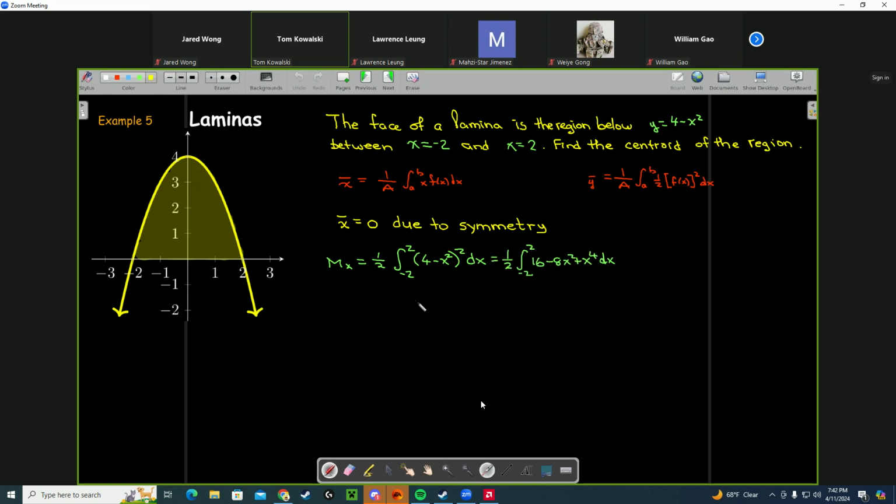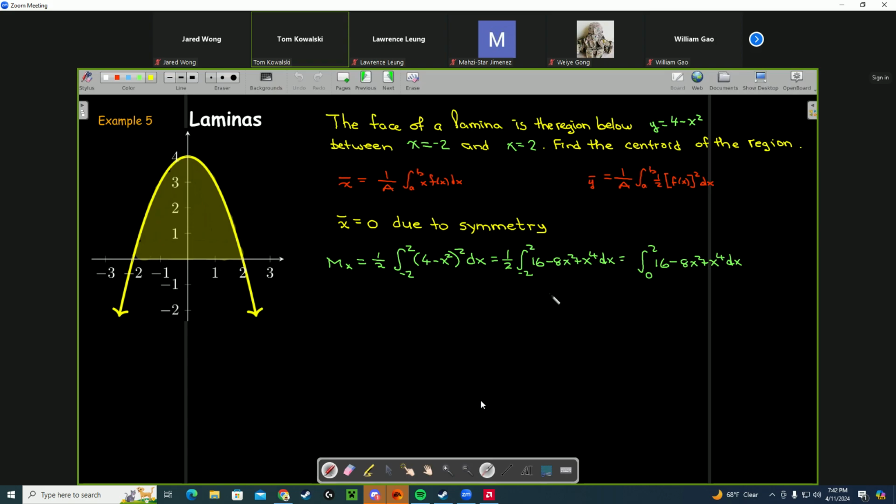And I'm going to take advantage of the fact that this is an even function. All of the exponents, it's a polynomial, all of the exponents are even. Even the 16, you think of 16 as 16 times x to the power of 0. 0 is an even number.